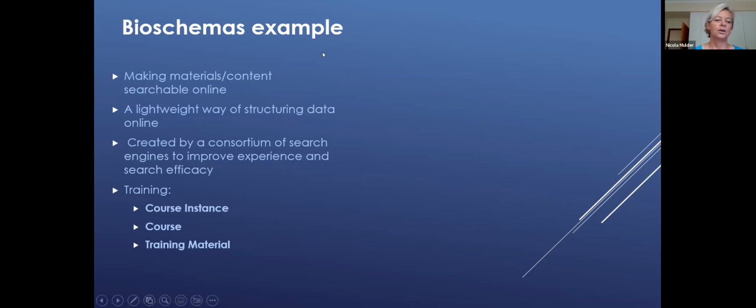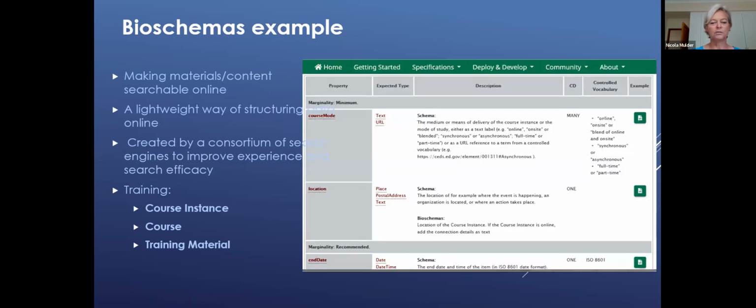And within Bioschemas, there's training. So you have a course instance, you have the course information itself, and then you have things about the training materials. For each of those, you will have a standard template with standard fields that you need to have information about.